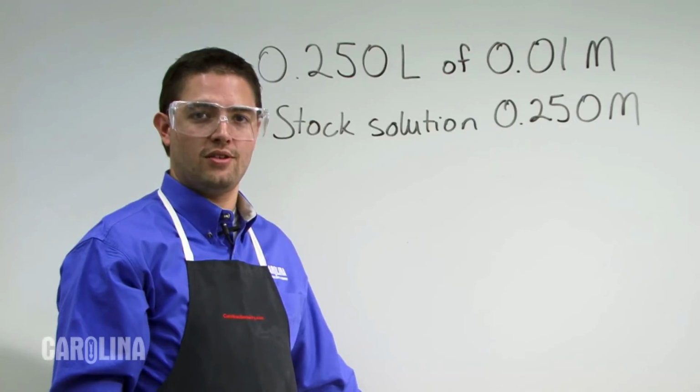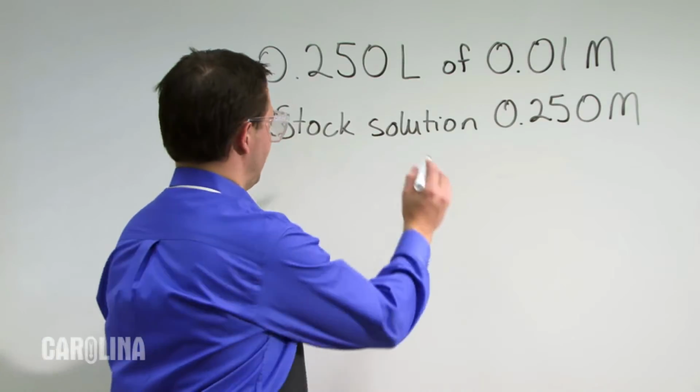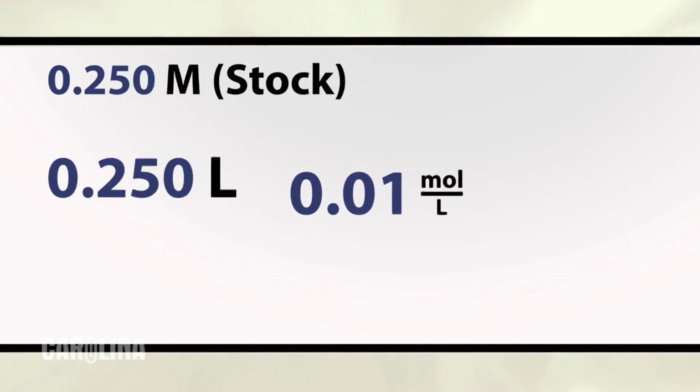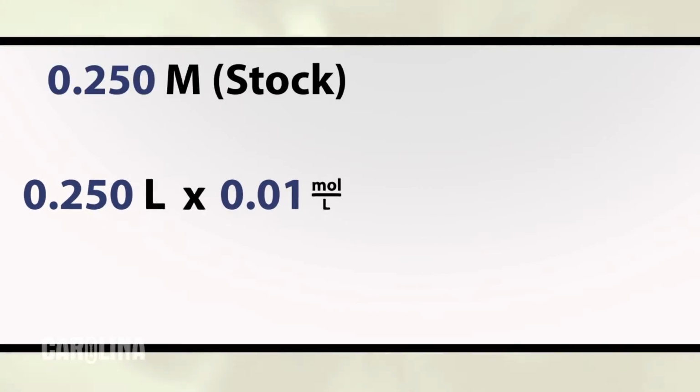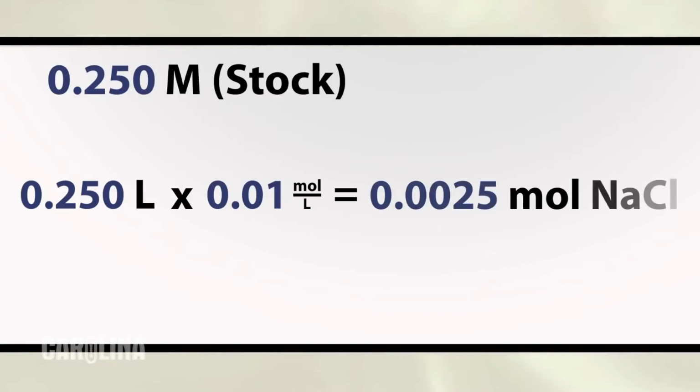The first thing we need to do is determine the exact number of moles in our dilute solution. We know our concentration needs to be 0.01 molar or 0.01 moles per liter. Since we know our number of moles per liter and we know the volume we need, we can calculate that we need exactly 0.0025 moles of sodium chloride.